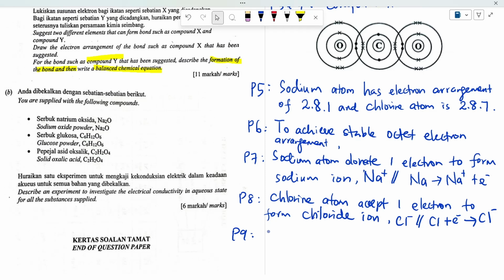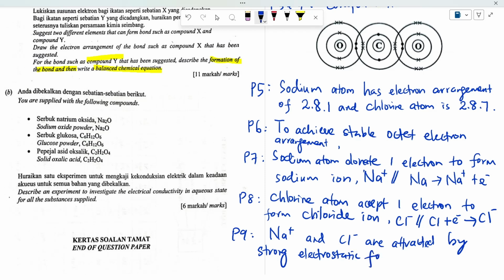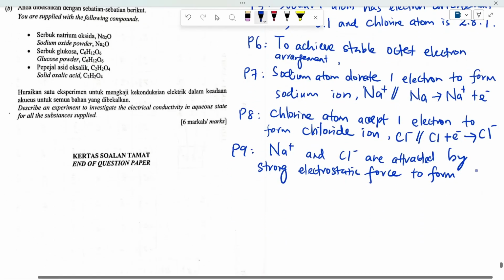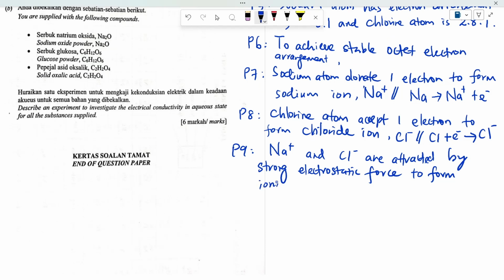So sodium ions and chloride ions are attracted by strong electrostatic force to form NaCl, an ionic compound. NaCl, sodium chloride.